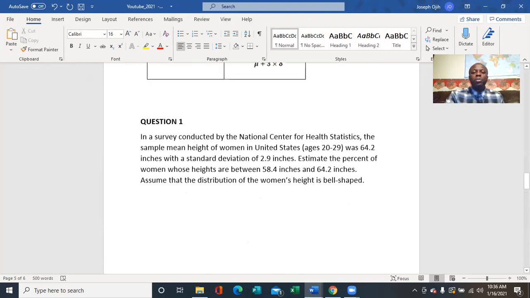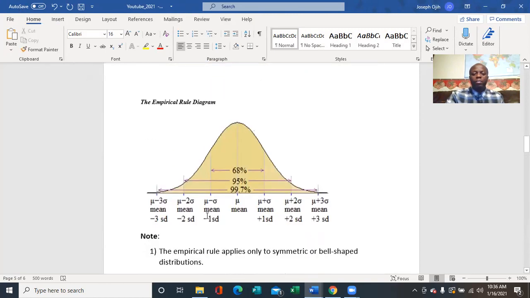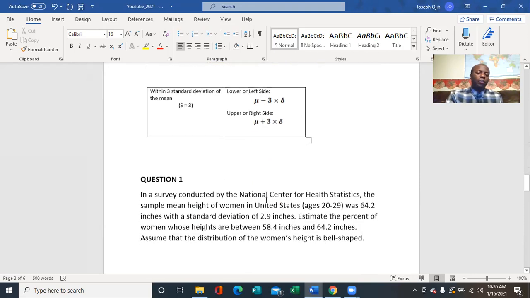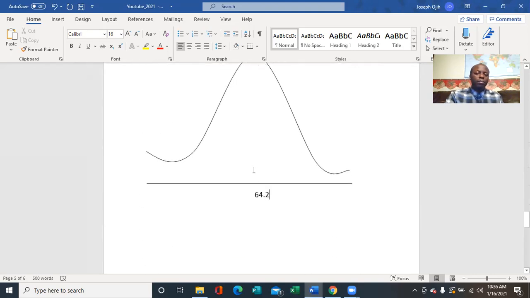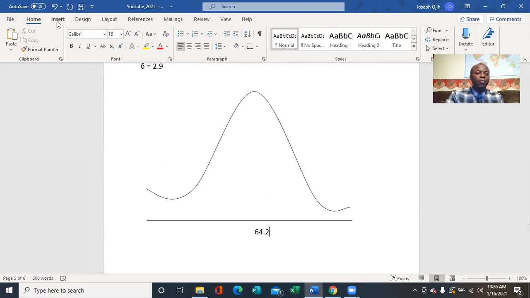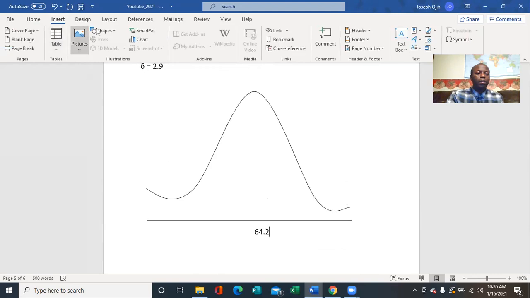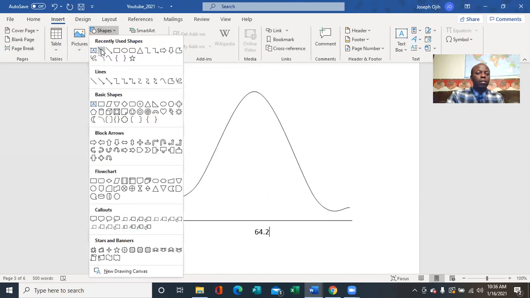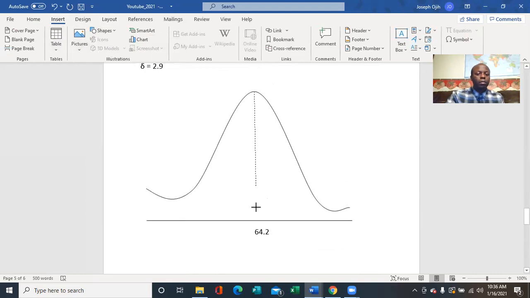And you can see it from the original empirical curve that we have here. See, the mean is right there. And from there, we can get this mean minus standard deviation and mean plus standard deviation. Okay, so we have it here. So I'll put the line for the mean here. Okay. 64.2.